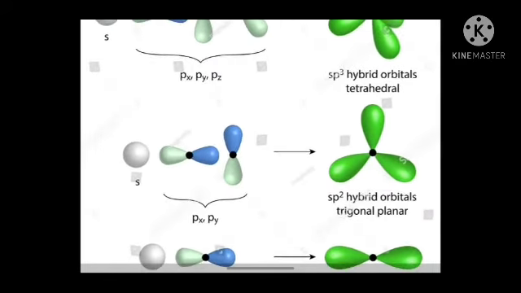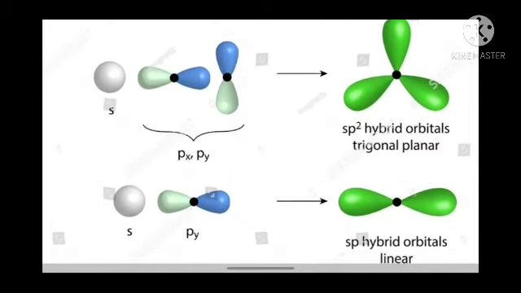First of all, let's talk about one type of hybridization, that is called sp hybridization. In sp hybridization we have one s orbital and one p orbital.